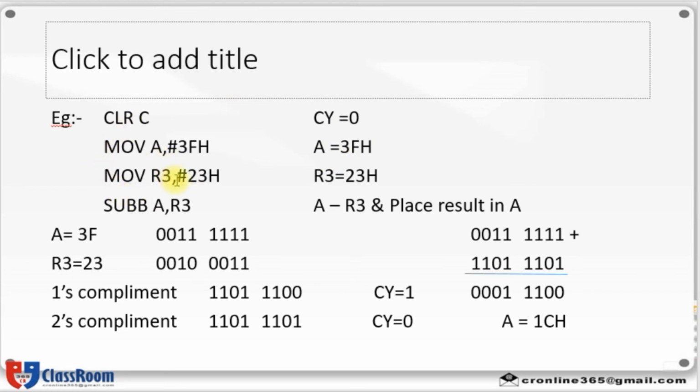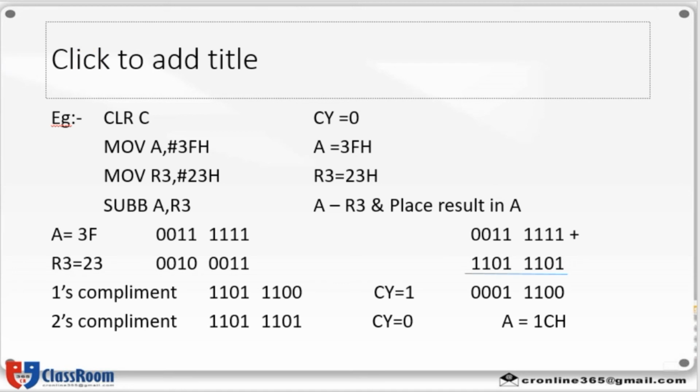Then MOV R3, #23H: R3 will be having this constant value 23. Then SUBB A, R3 means the accumulator will be carrying the result of accumulator minus R3 minus borrow if it is present, and place this result in the accumulator.